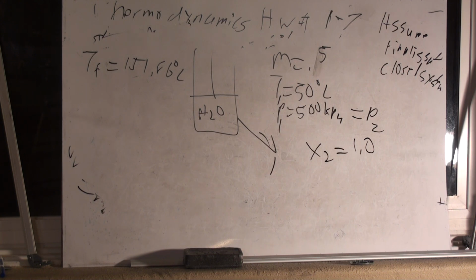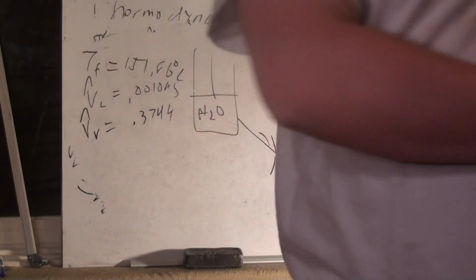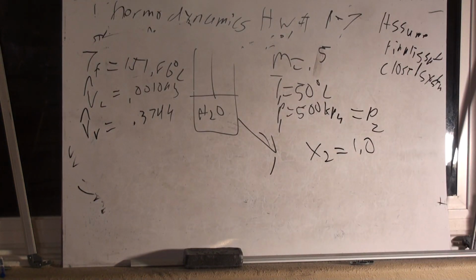Now the volume, of course, we have to actually calculate. So the specific volume of the liquid is equal to 0.001093. The specific volume of the vapor is equal to 0.3749. Of course, put in some units in there, but whatever.